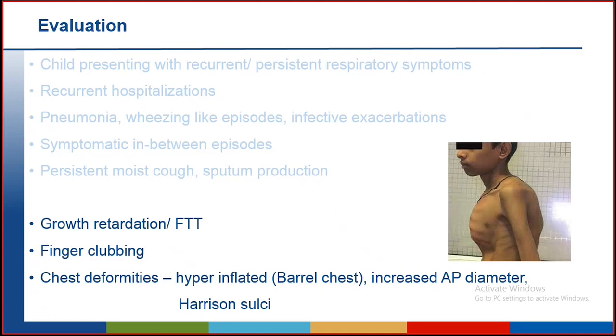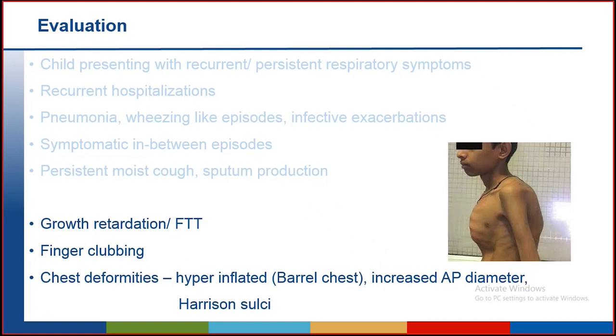So the action of these accessory muscles and the changes finally end up with a barrel-shaped chest. Usually we use the term pectus carinatum. The main important thing is the increased anteroposterior diameter, and we can also see Harrison sulci.